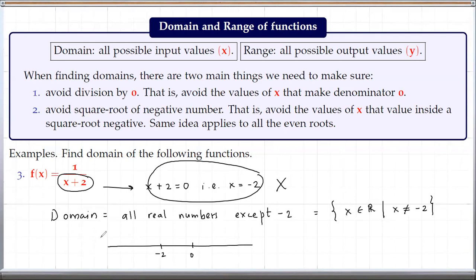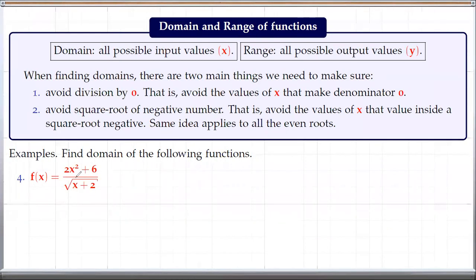So we can include all these numbers, except this one here. We can come from -infinity all the way up to -2, and after -2, we can go to infinity. So basically, we need to remove this number, and then we can continue from here. So the domain would be -infinity to -2, not including -2, union -2, again not including -2, to infinity. So this is the domain of this function.